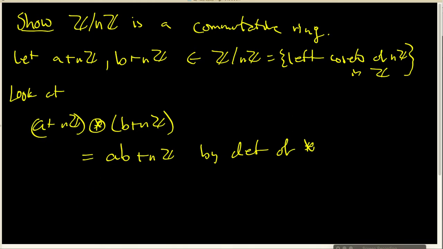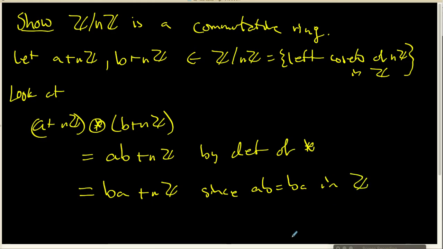And of course, this element AB is inside Z, and I know that AB is equal to BA inside Z, so I can write that as BA plus NZ, since AB equals BA inside the ring Z. In other words, because Z itself is a commutative ring.